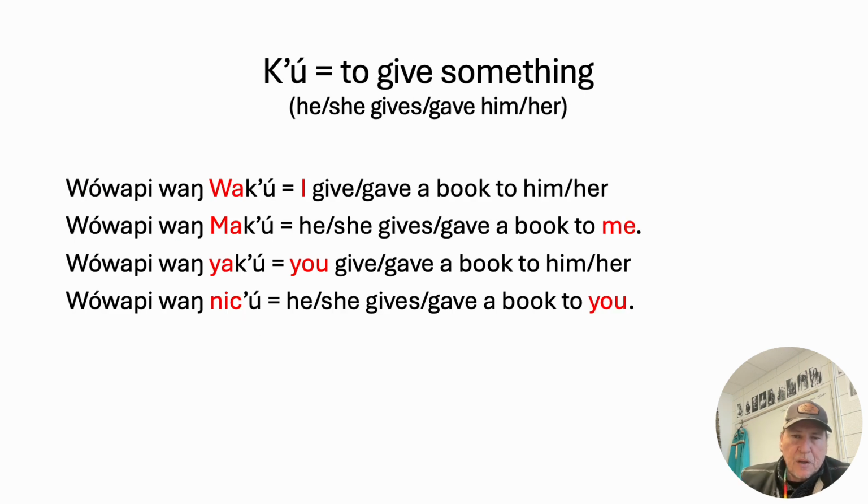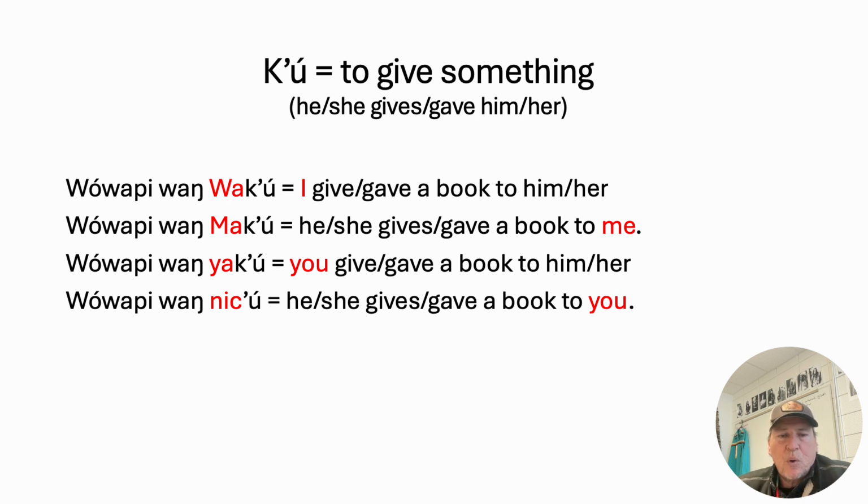All right, let's play with another verb here. So ku, meaning to give something. So woapi, we're going to use woapi, that's a book. Wa is a, so woapi wa is a book. So this is another wa verb. So woapi wa waku, I give or I gave a book to him or her. Let's flip that around and put ma in place there.